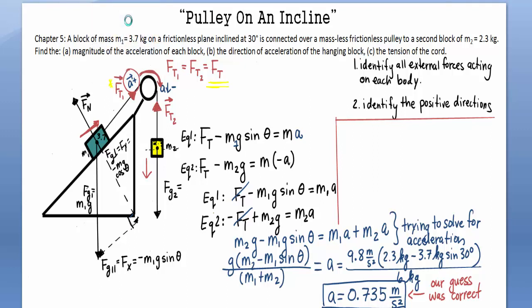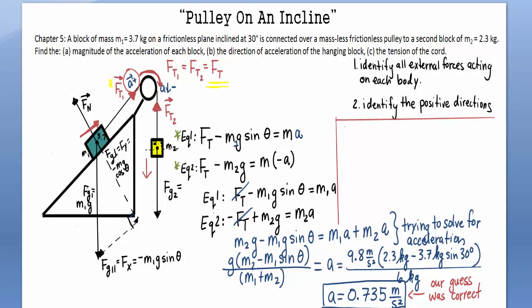Now, let's find the tension, the force tension that is acting on these bodies. Well, we had to find the acceleration first. So we can choose any equation and plug in to solve for the force tension.